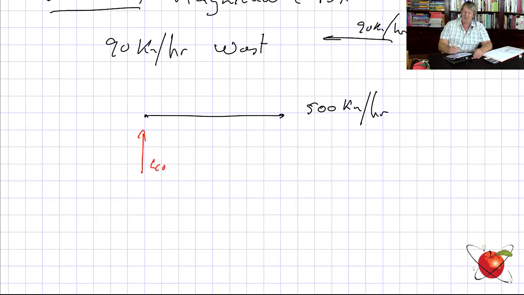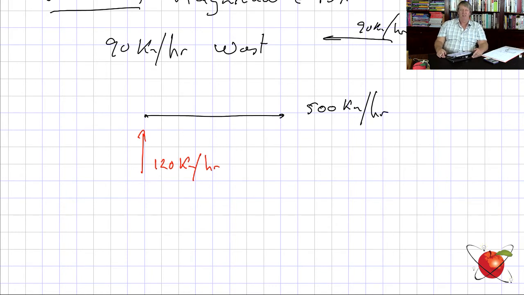Let's say we have a wind that way blowing at, I don't know, 120 kilometers per hour. So that's a fairly strong wind, but it's blowing that way. What's the plane going to do? The plane is flying this way, isn't it? It's going like this. But what's the wind doing? It's pushing it that way.